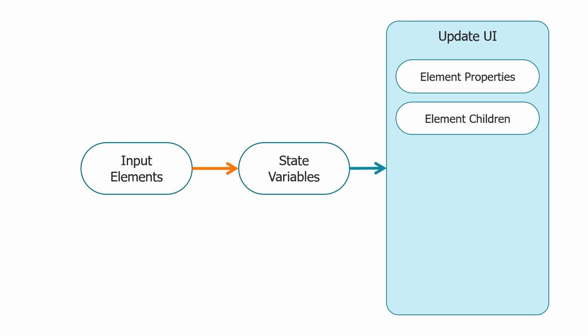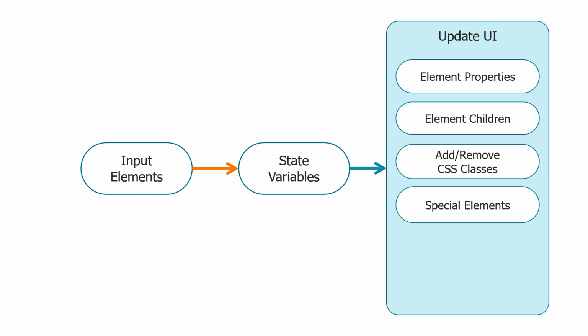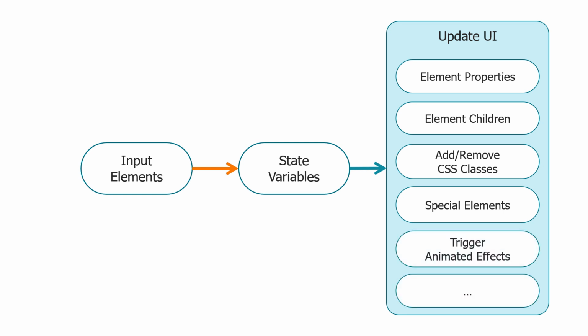In future videos, we'll look at other uses of @reactives, including dynamically adding and removing CSS classes, rendering special elements, triggering animated effects, and more. We'll also look at more ways to update state variables other than just using input elements.